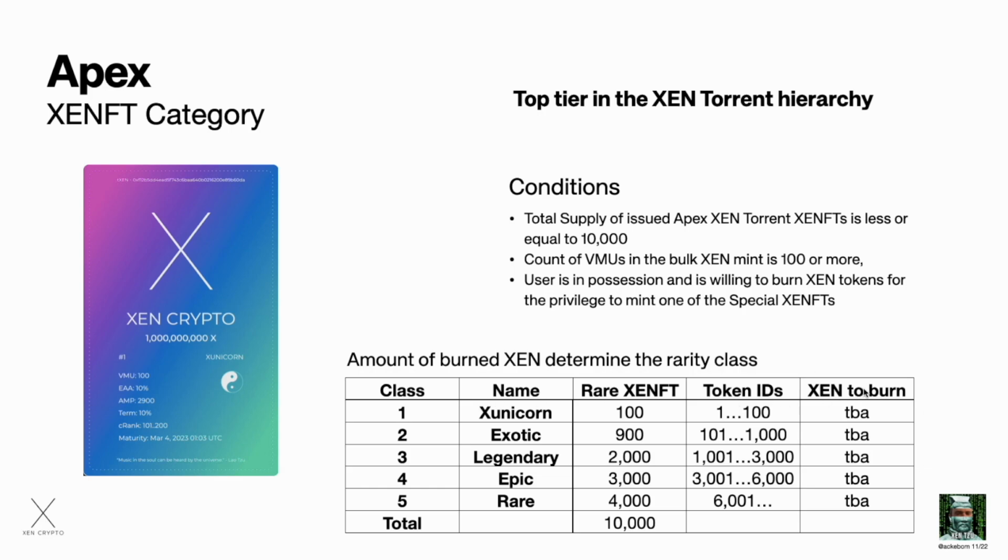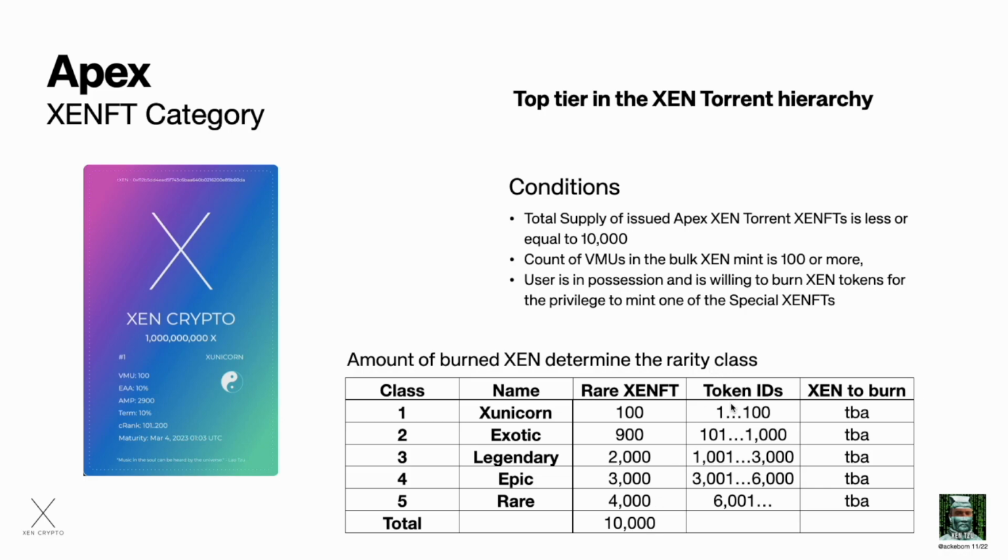The rule of thumb here is that the higher the class, the more Xen you need to burn. As you can see here, the 5 different classes are Unicorn, Exotic, Legendary, Epic, and Rare. For the Unicorn, there's only ever going to be 100 of these, and Exotic 900, etc. This amounts to a total of 10,000. Also note the token IDs here.